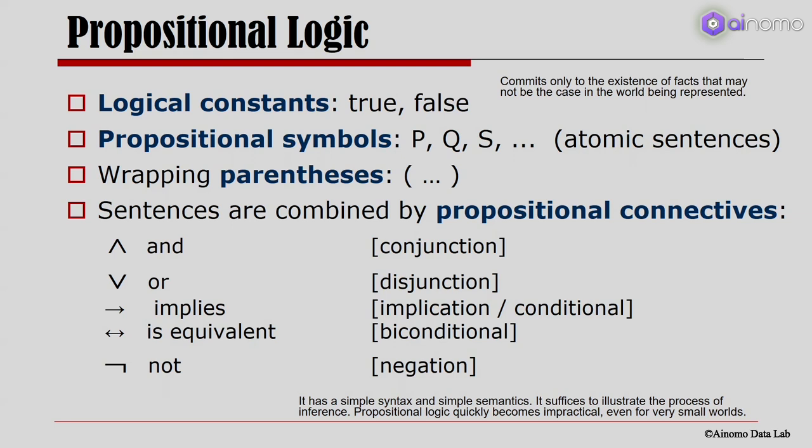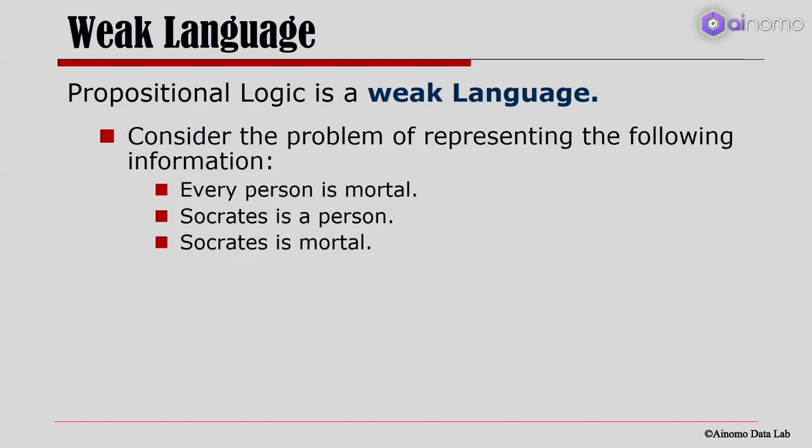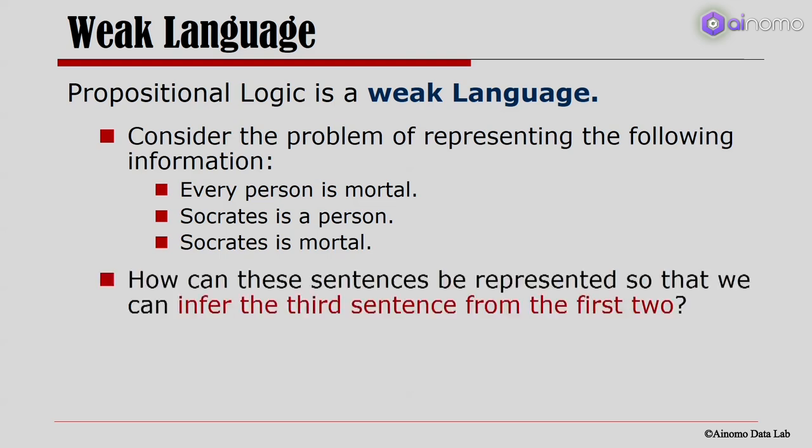However, propositional logic quickly becomes impractical, even for very small worlds. Let's see what we mean by that. Consider the problem of representing the following information. Every person is mortal. Socrates is a person. Socrates is mortal.